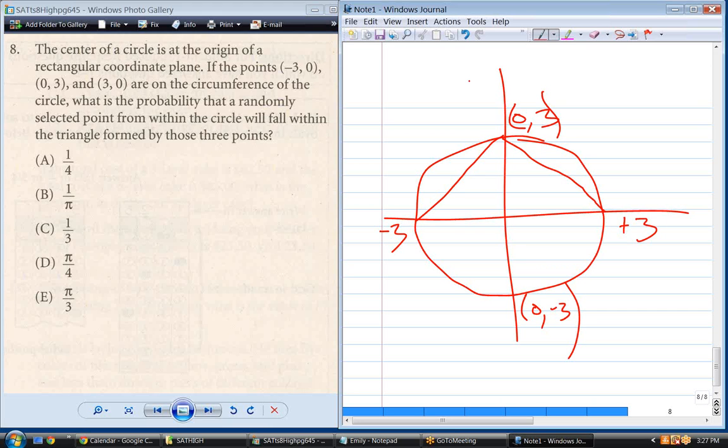We're going to need the area of the triangle divided by the area of the full circle. Area of the triangle is pretty easy. What's that? Base, 1/2 base times height. What's the base?